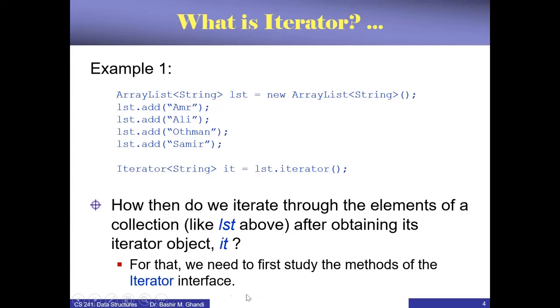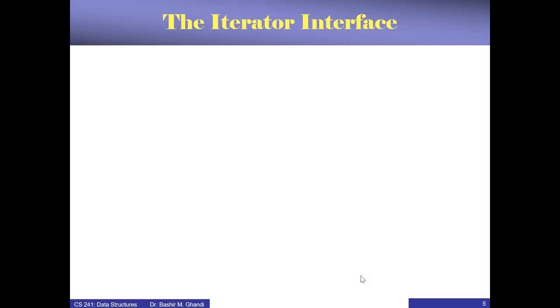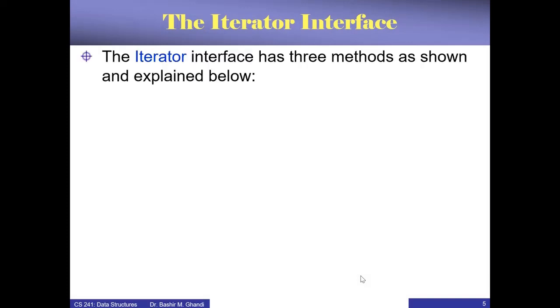It says here, for that we need to first study the methods of the Iterator interface. So let us look at the Iterator interface. The interface has 3 methods as shown and explained below.